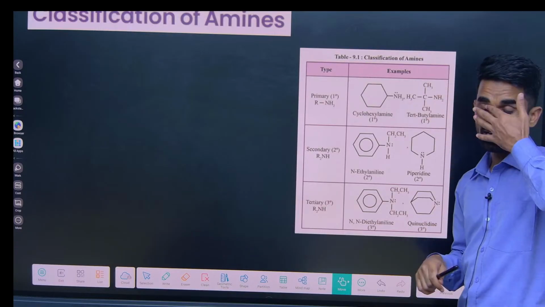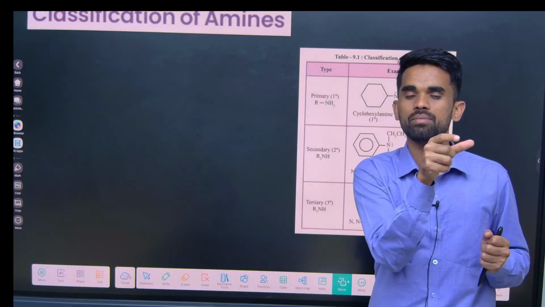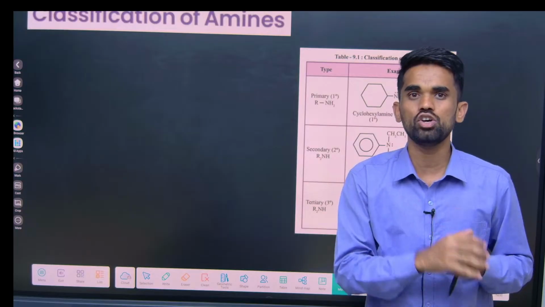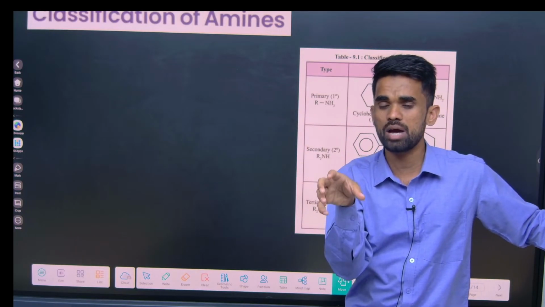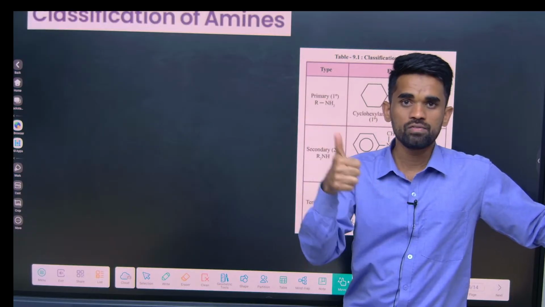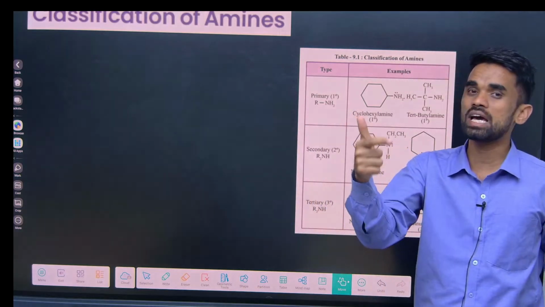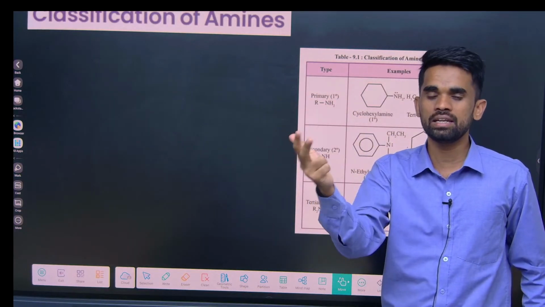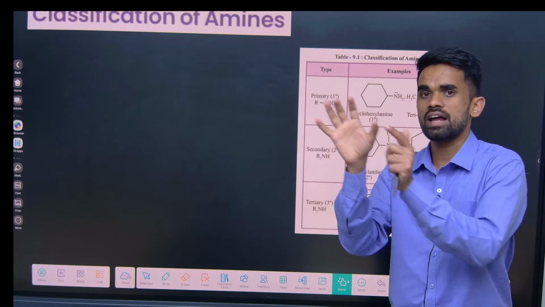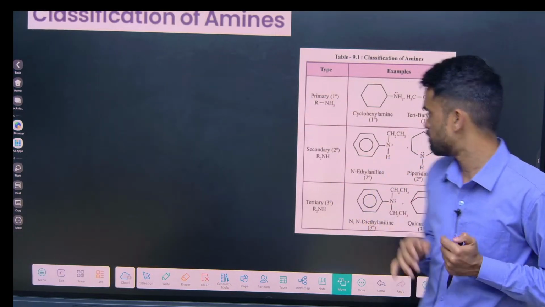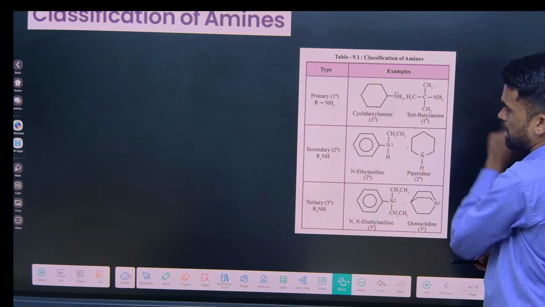In the exam we can expect a question giving common names or IUPAC names, and they may ask us to identify the secondary amine or tertiary amine from the below 4 names, like cyclohexyl amine, tertiary butyl amine, or aniline. You just write their structures and you can get them. For example, cyclohexyl amine means like this, tertiary butyl amine means like this.